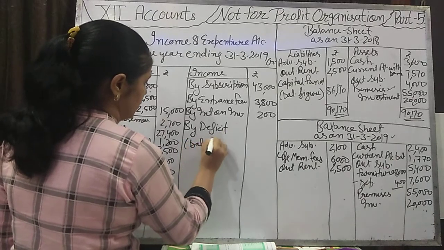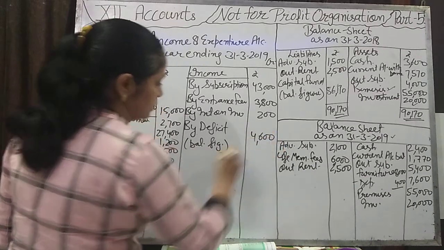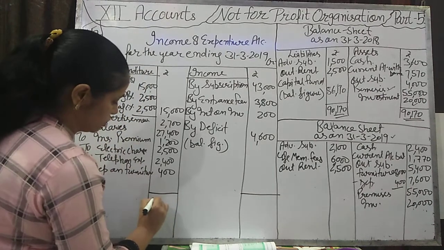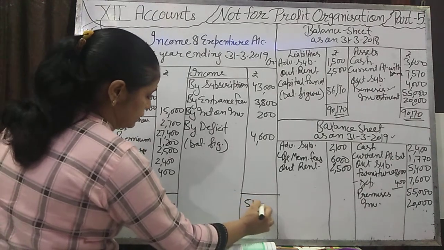You can write here balancing figure. It will come 4,600. Now after that you will write the total of both sides, that will be equal.